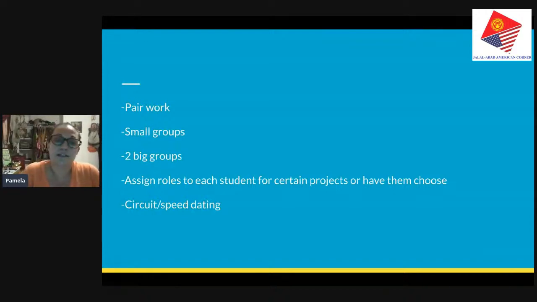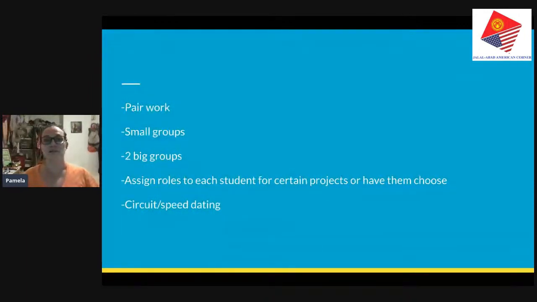Circuit speed dating. So this is where you have a circle in class, and then you have another smaller circle made up of the students. And you have the students facing each other, and they are talking. Then you put 2 minutes on the timer, give them 2 minutes.